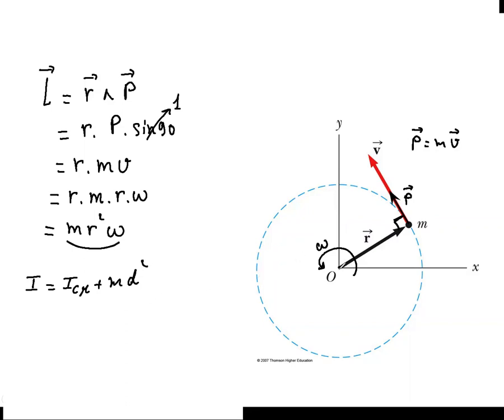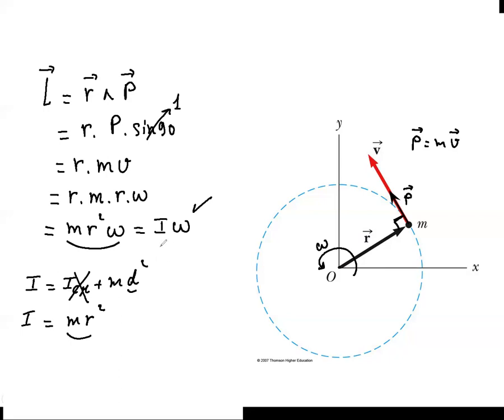As the axis is not passing through the mass M, we don't have I cm. d is the distance between the center of mass of the mass M and the axis, which is equal to r. So here we can say I equals M r square. So we can write L equals I times omega. This is the right answer.